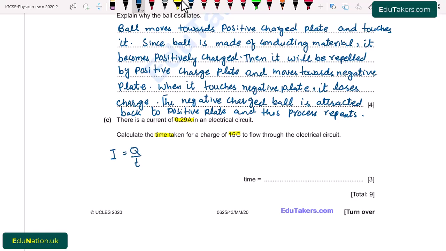T is equal to Q over I. Charge is given, that is 15 coulomb, and current is 0.29. So by dividing we get 52 seconds. So time must be 52 seconds.